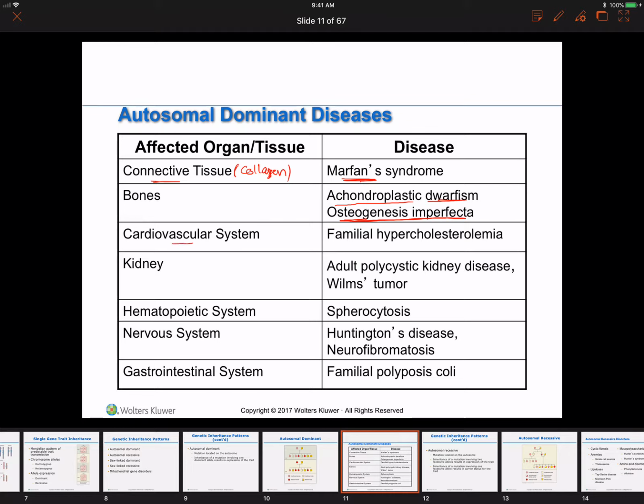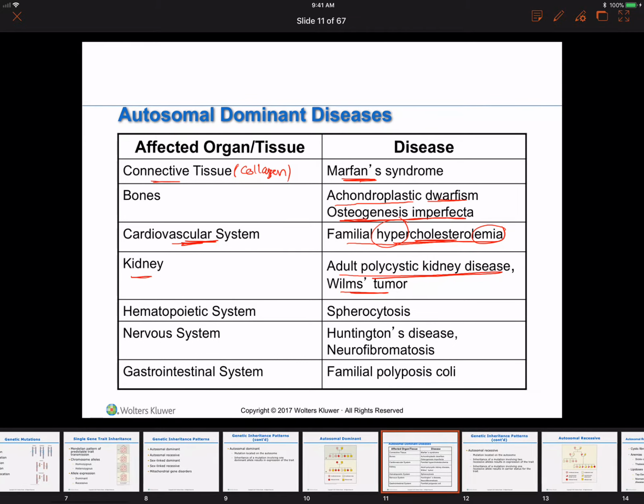Other examples, so when you think of the cardiovascular system, the one example I have for you is something we'll discuss in more detail in the cardiovascular section. It's hypercholesterolemia. Hyper meaning more, or high levels of cholesterol in the blood. Kidney disorders would include things like adult polycystic kidney disease, something we'll talk about in the renal system, and Wilms tumor, which is a kidney cancer, usually affects children.